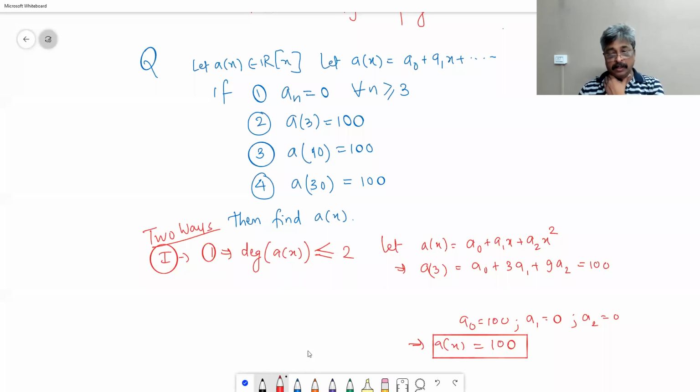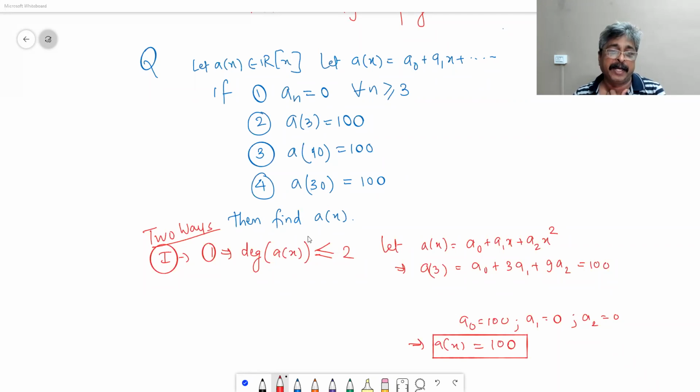Therefore, a of x is a constant polynomial like this. Now, because I was given a of x quadratic, there are only 3 unknowns.